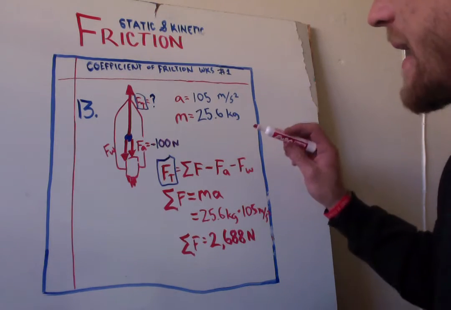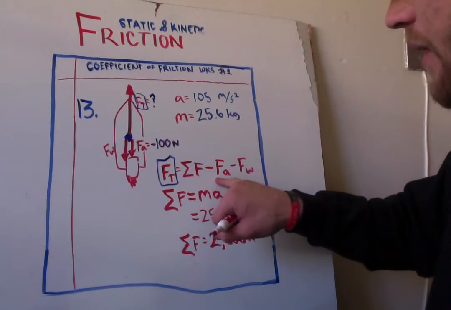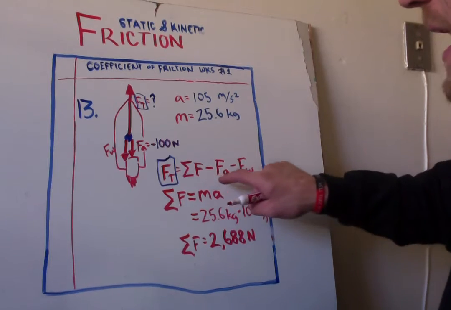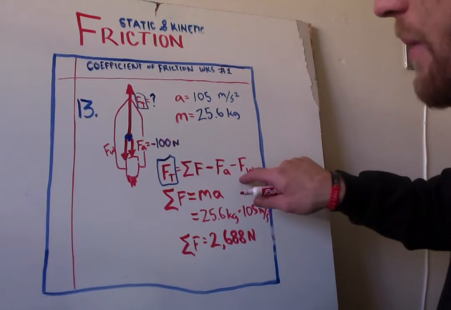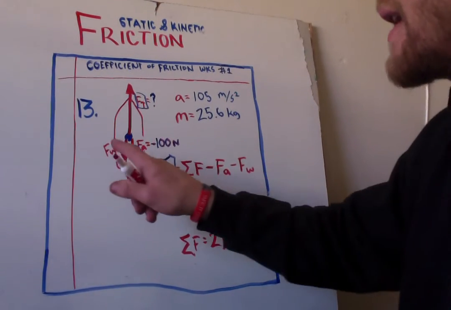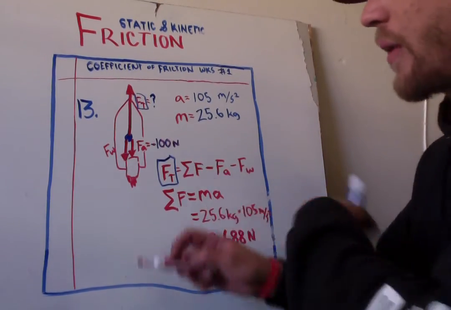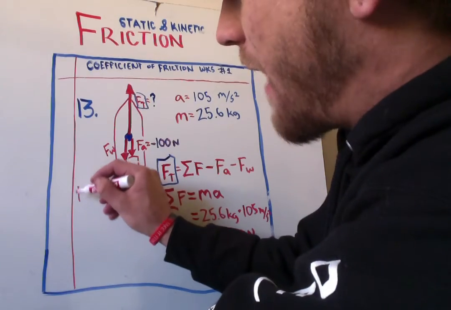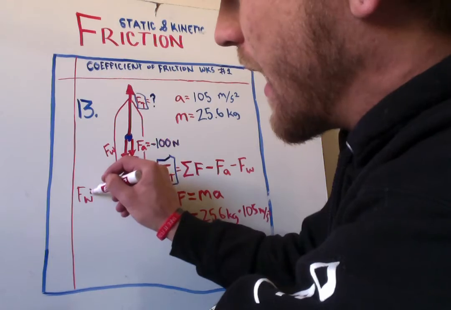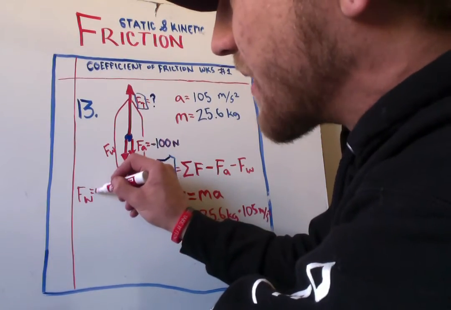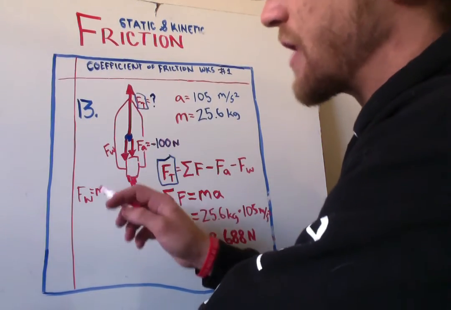So now we need to subtract the F of A and the F of W. And I said we had this, however, we don't actually have F of W yet. So let's figure out F of W real quick. Remember, F of W is some type of MA, it's the mass times the acceleration that's affecting it.